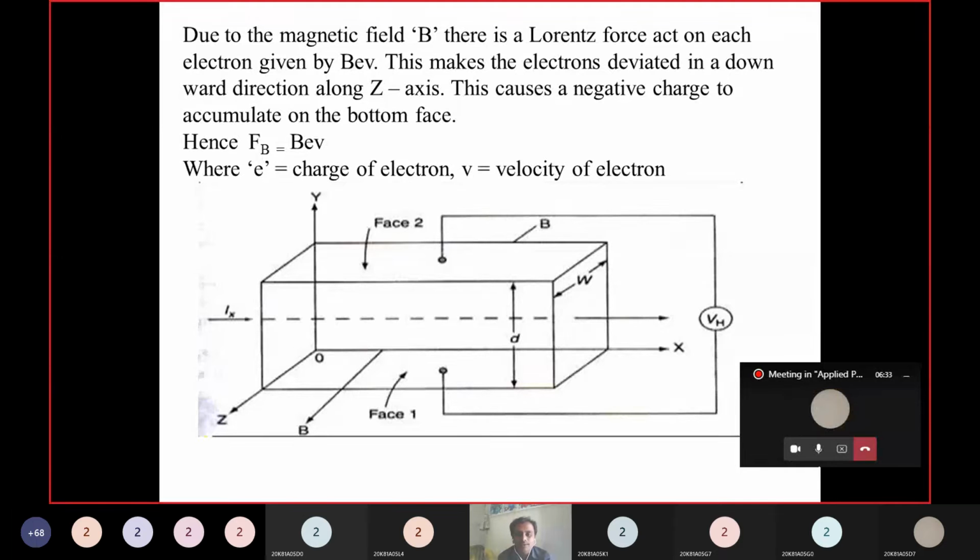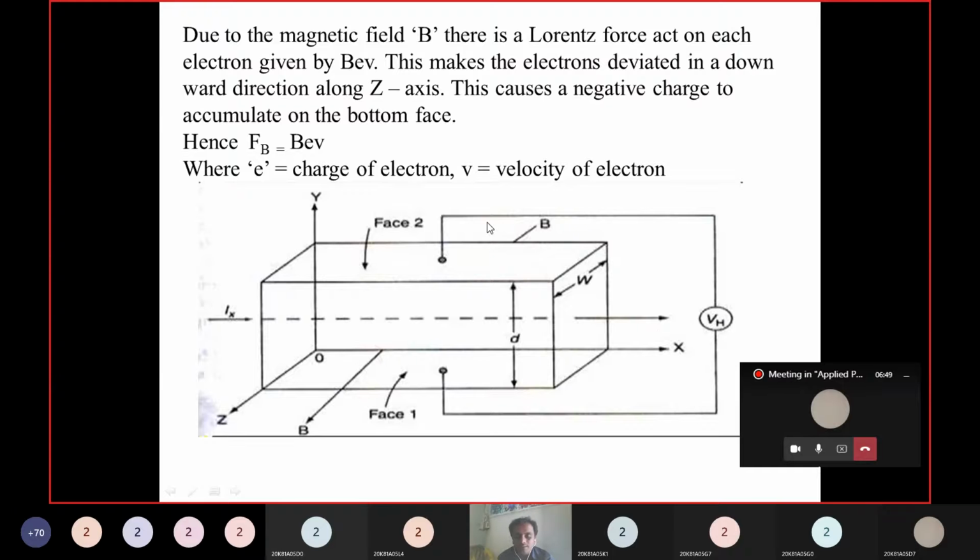So let us take any semiconductor or metal. Now some current is passing through that specimen, and the current direction is the x direction.